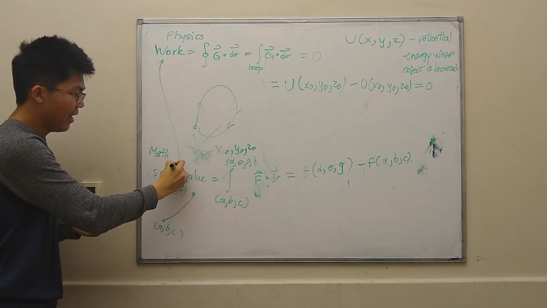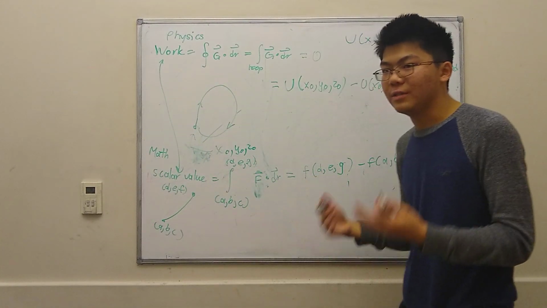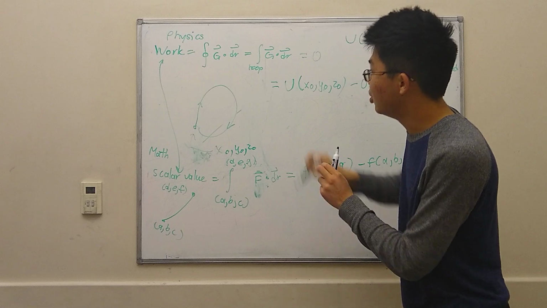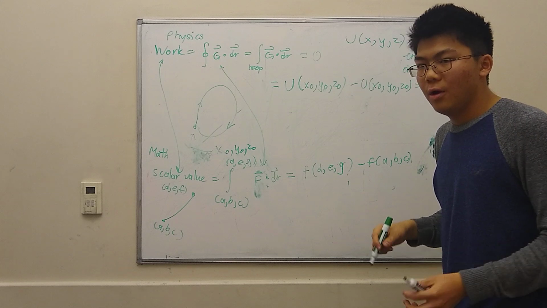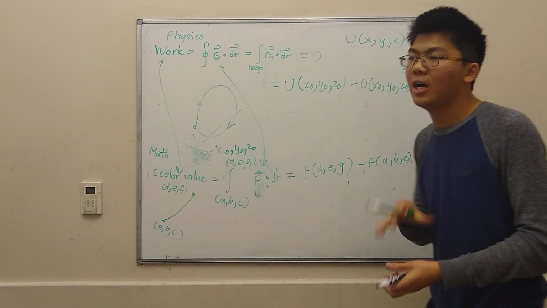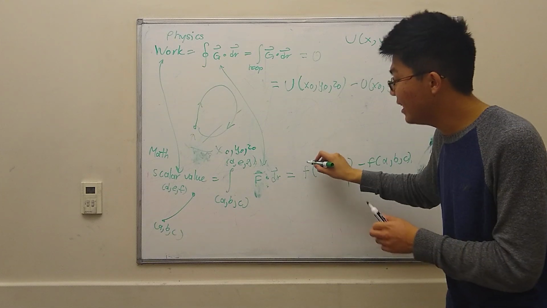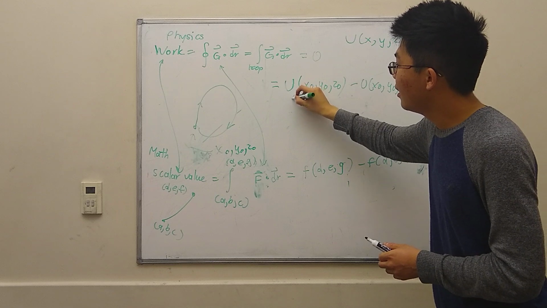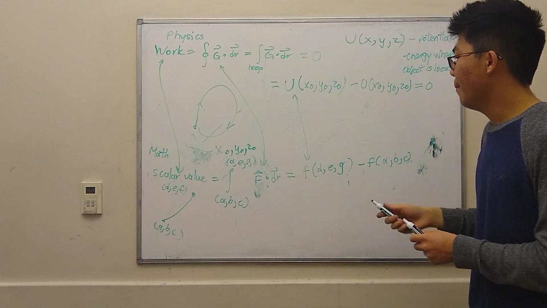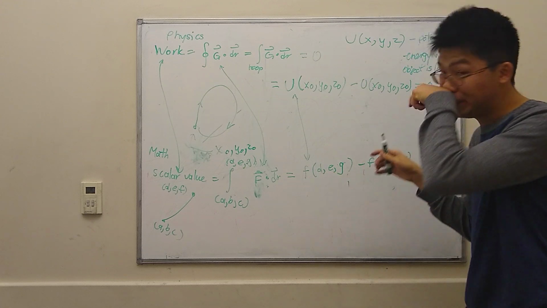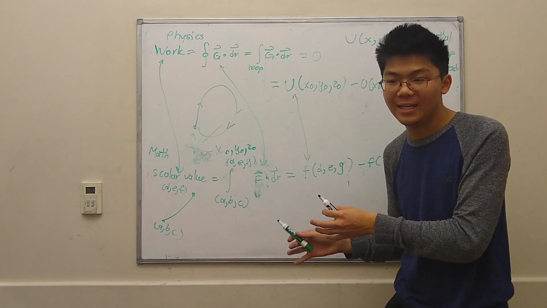Work is also a scalar value. Our force, our vector field F, is like our gravity field G. And in 16.3, we talked about the concept of a potential function. In this case, our potential function little f is just like our potential energy function U. And so, by evaluating the potential function f at these 2 points in space, we can find out our scalar value through evaluating the line integral.